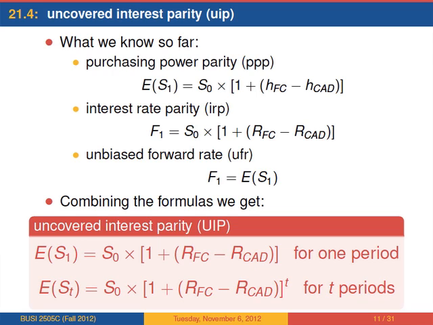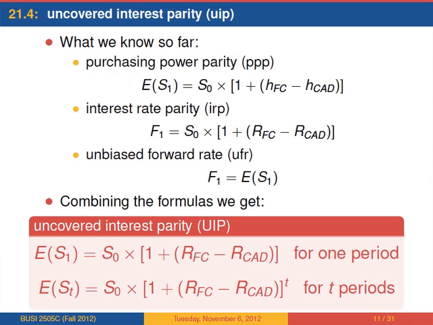So the argument of the unbiased forward rate is that the forward rate today should be what you expect the spot rate to be a year from now. And it's not just F1 and E of S1. It could be F2 and E of S2, or in general, the forward rate T years from now is the same as the expected value of the spot rate T years from now.